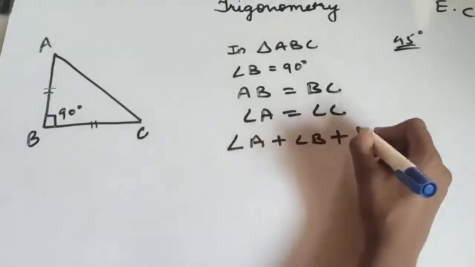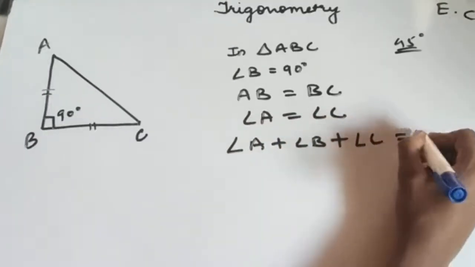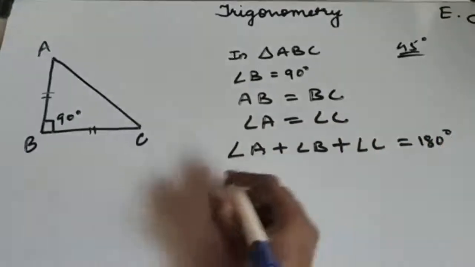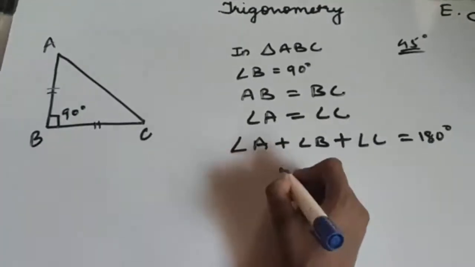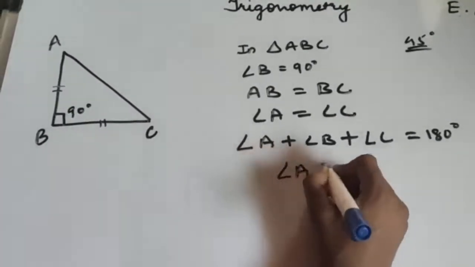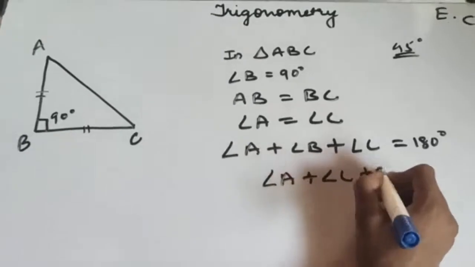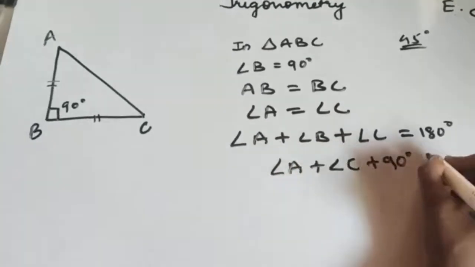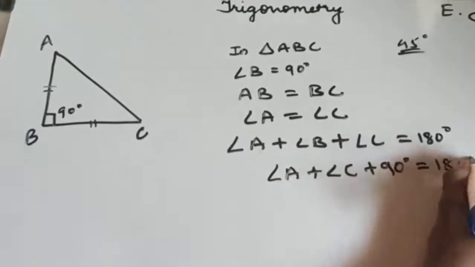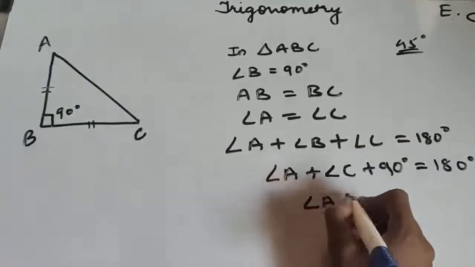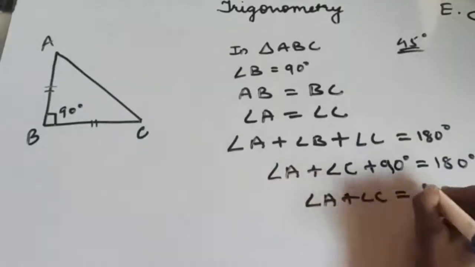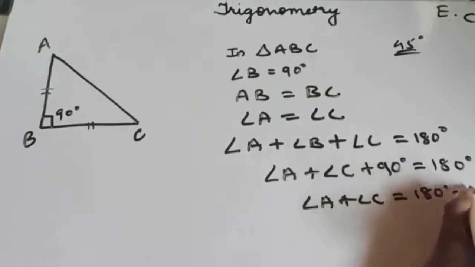Now since the sum of all the angles in a triangle is equal to 180 degree, angle A plus angle B plus angle C is equal to 180 degree. Here we have the value for angle B, so angle A plus angle C plus 90 degree is equal to 180 degree. So angle A plus angle C is equal to 180 degree minus 90.